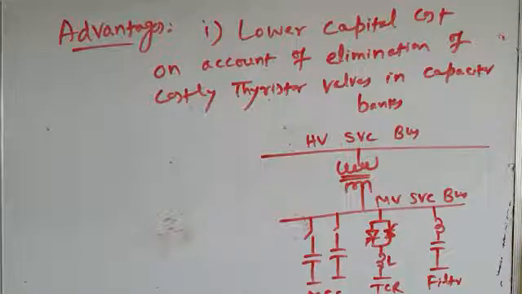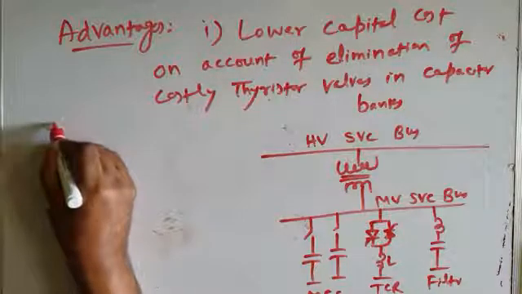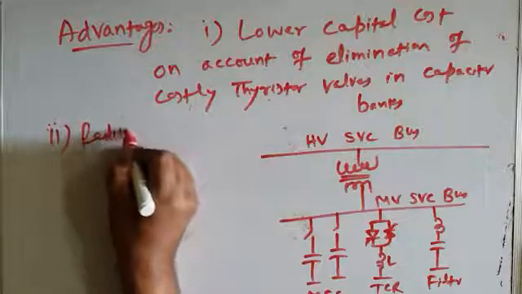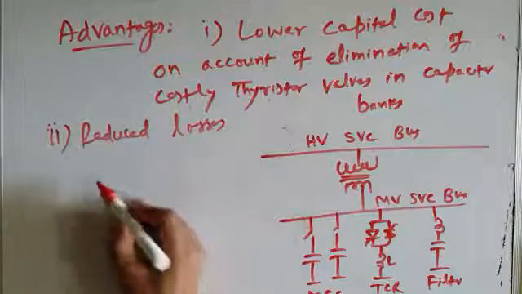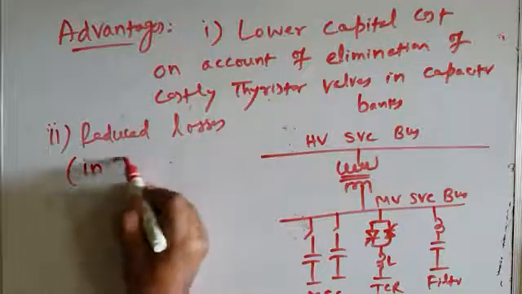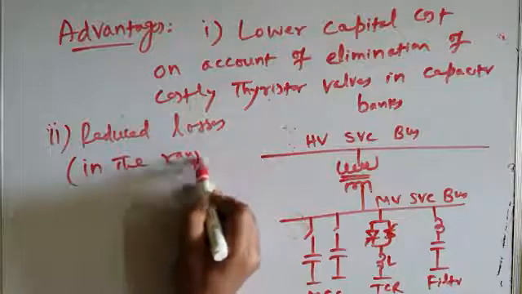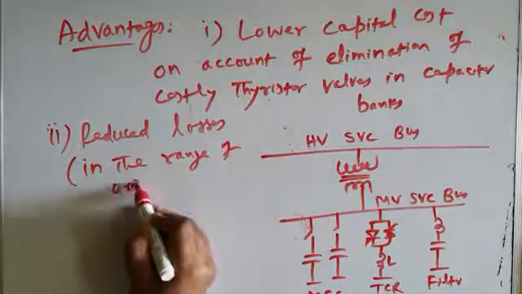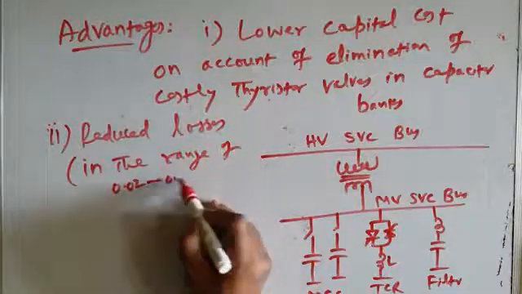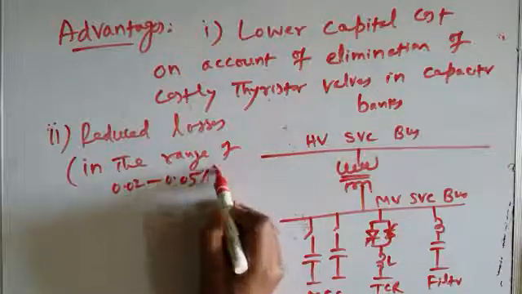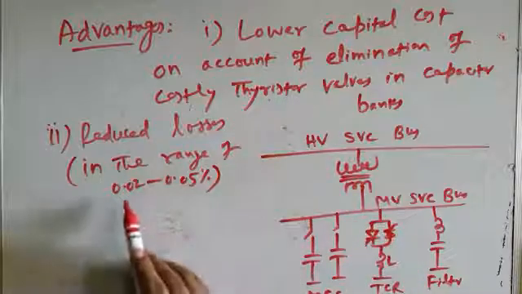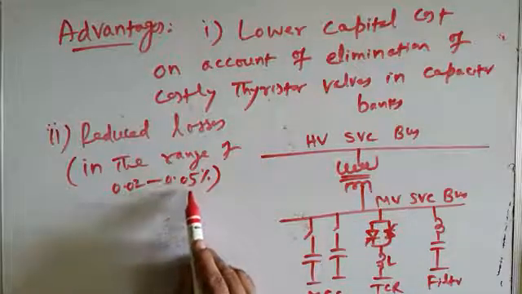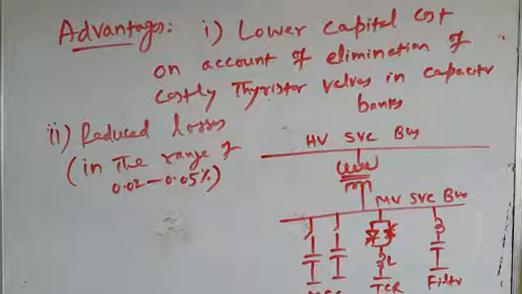This is the first advantage. The second advantage is reduced power losses, in the range of 0.02 to 0.05% of the total power rating of the SVC, which is the lowest of all SVCs.